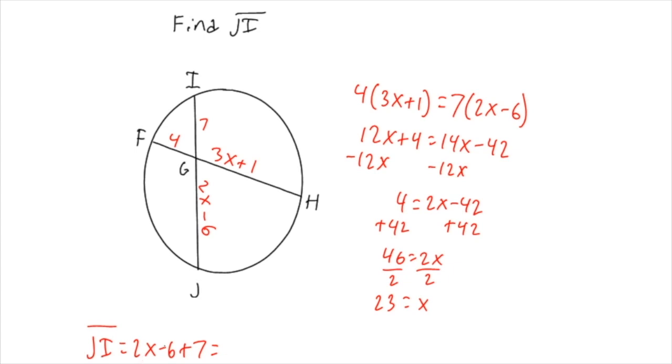So 2 times x, so 2 times 23, is going to be 46 minus 6 plus 7, so that'll be 47. So JI is 47.